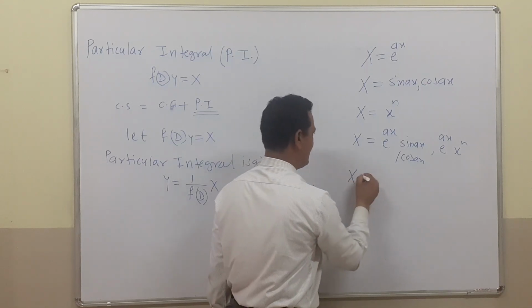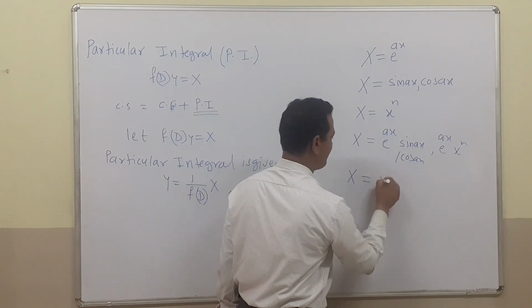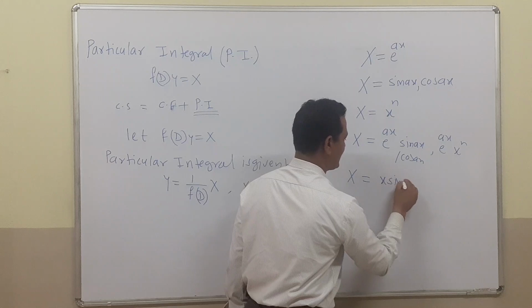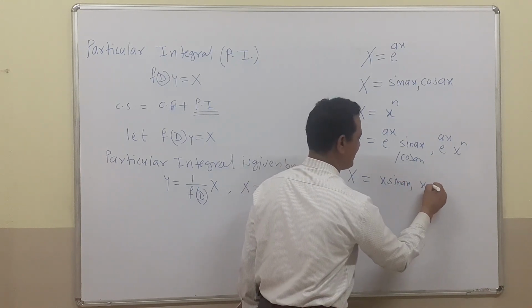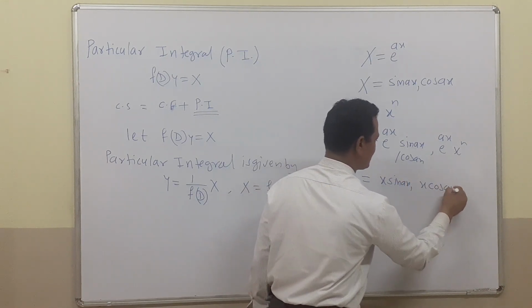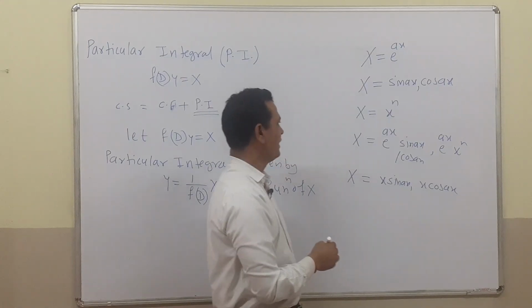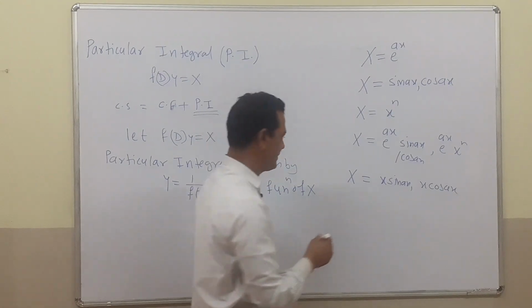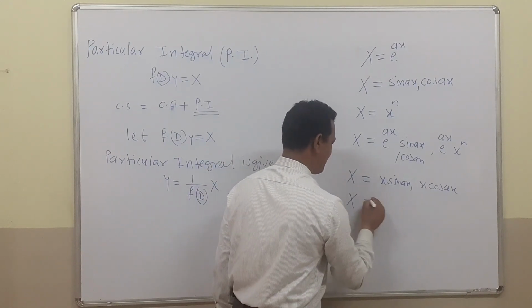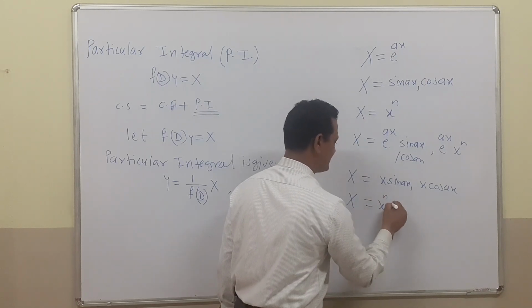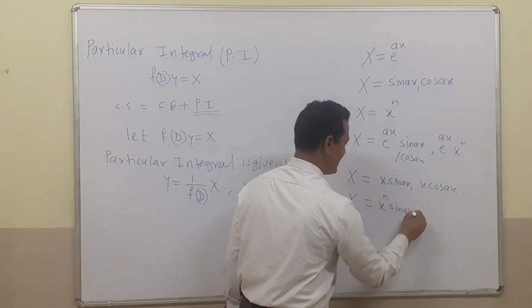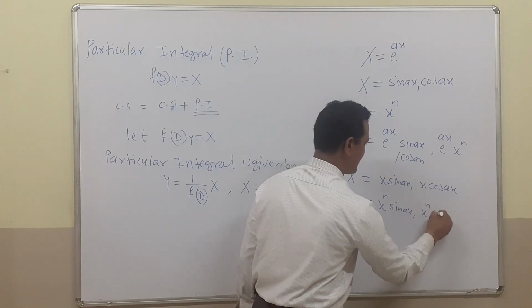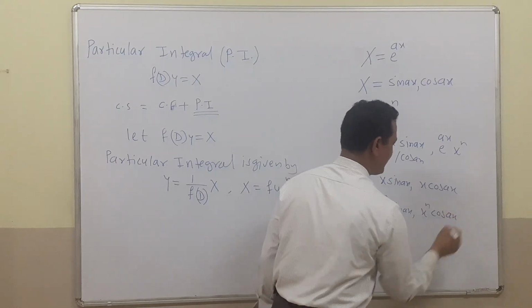Then capital X may be of the type x into sine ax, or x into cos of ax. This is the fifth type of capital X. Then the sixth type, X may be of the form x raised to n into sine ax or x raised to n into cos of ax.